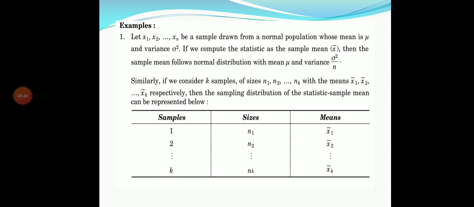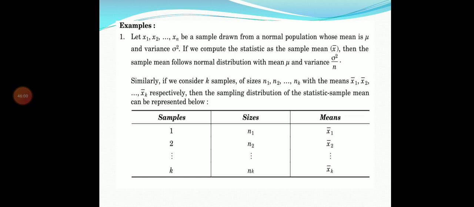For the first sample of size n1, the sample mean is x bar 1. For n2, the sample mean is x bar 2. For nk, the sample mean is x bar k.